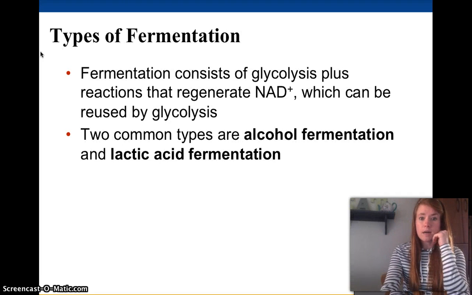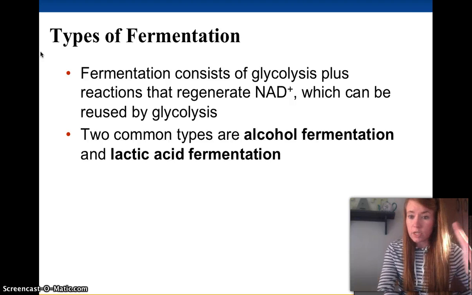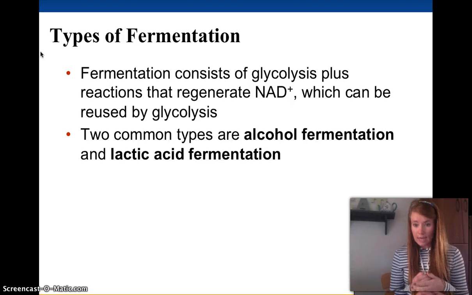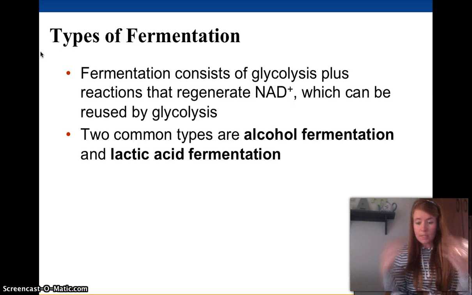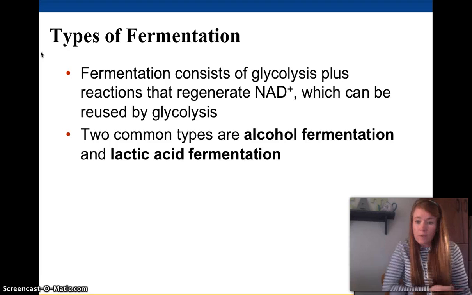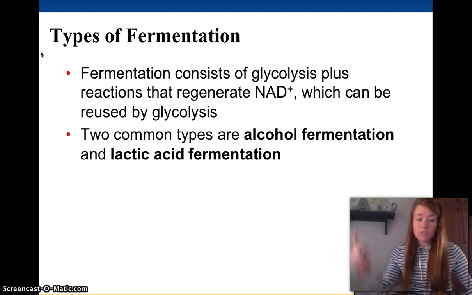There are 2 types of fermentation, and the way that these differ is in the way that they recycle NADH. The problem with fermentation is that we are just building up our NADH levels, and we don't have enough NAD+ because the 2 are recycled.